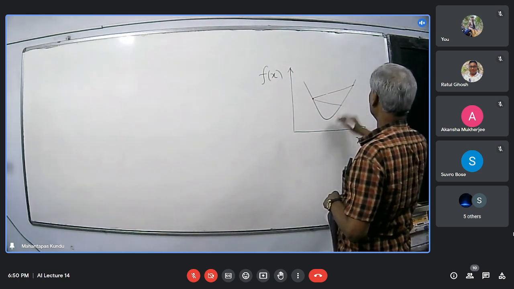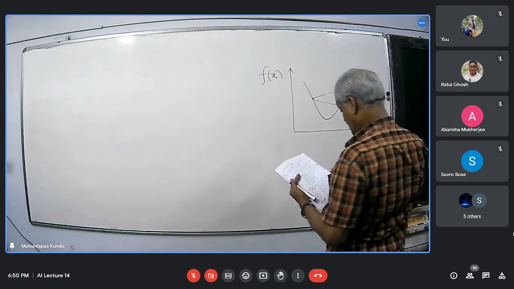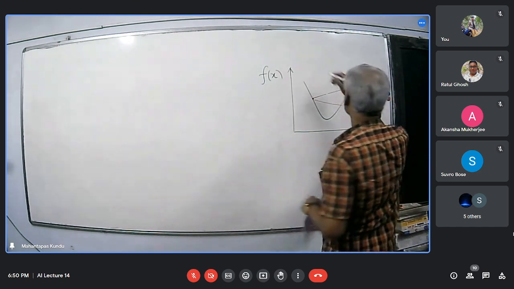This line must appear over the function for this function to become convex.